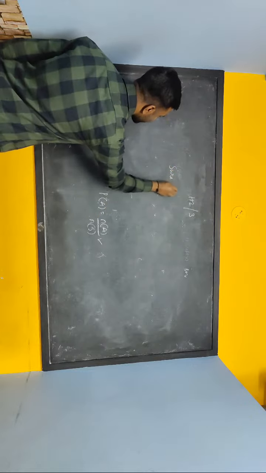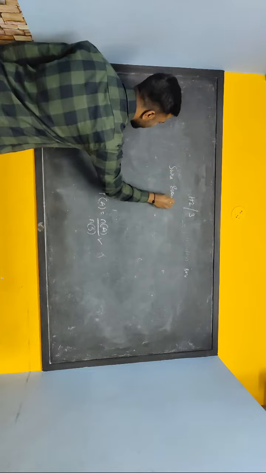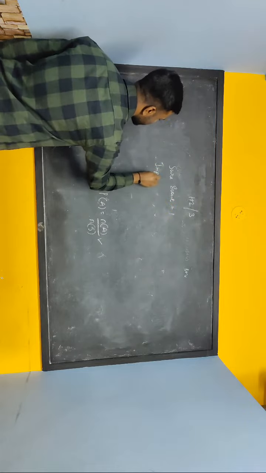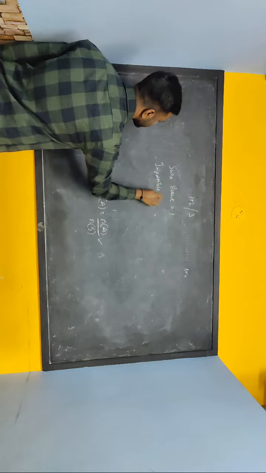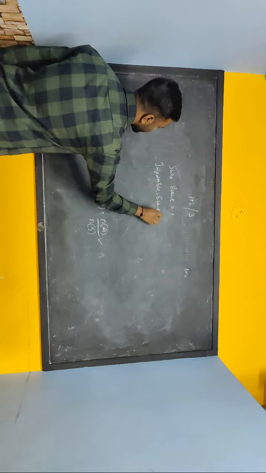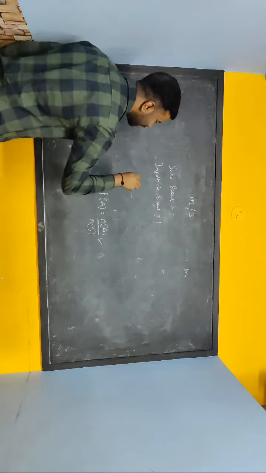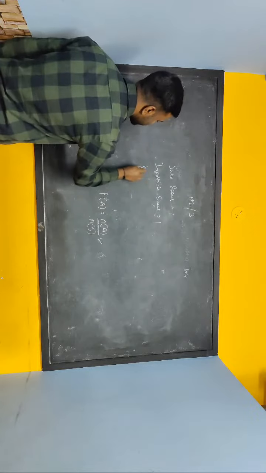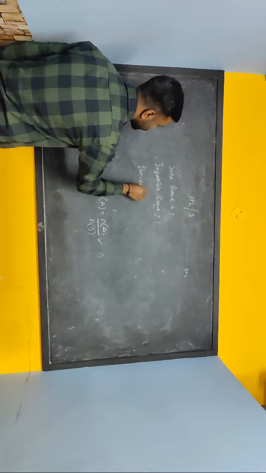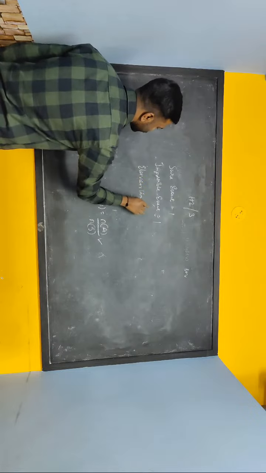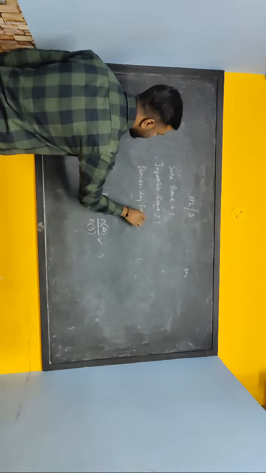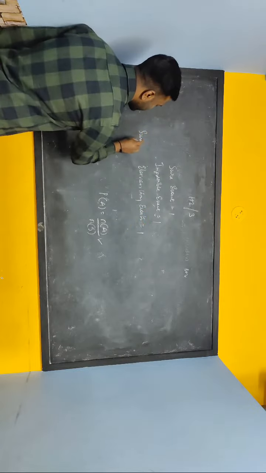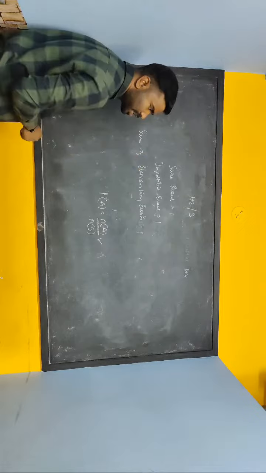The probability of an event is given by n of A by n of S. Probability of a sure event is what? 1. Probability of an impossible event is 0. The sum of probabilities of all the elementary events is 1.